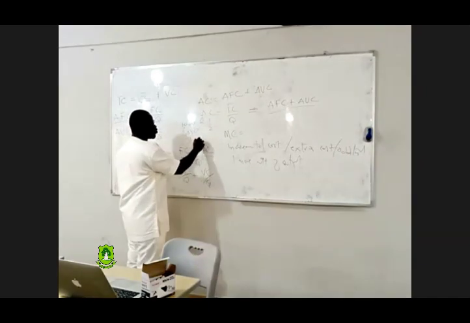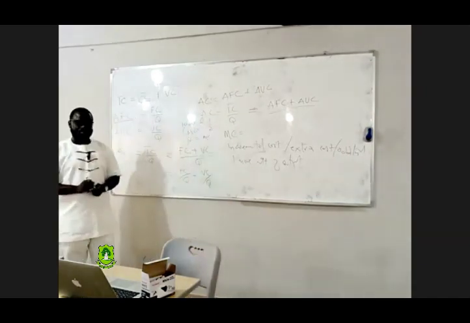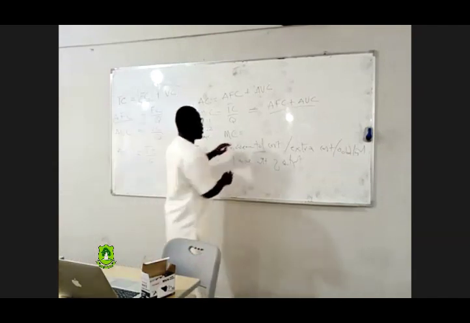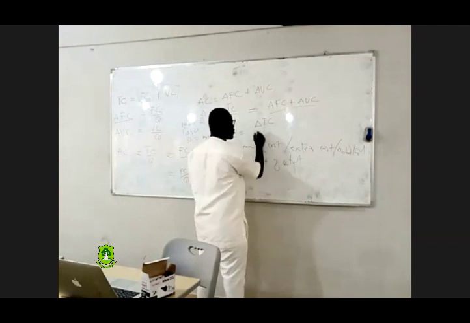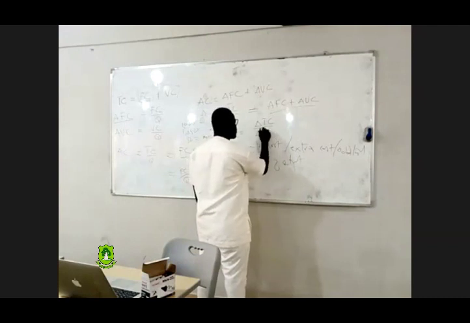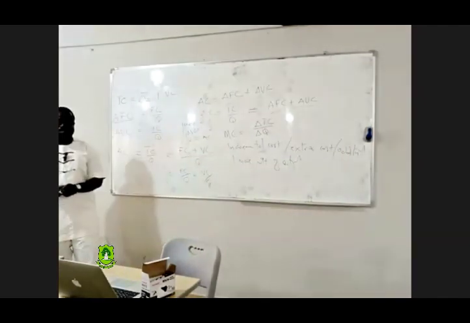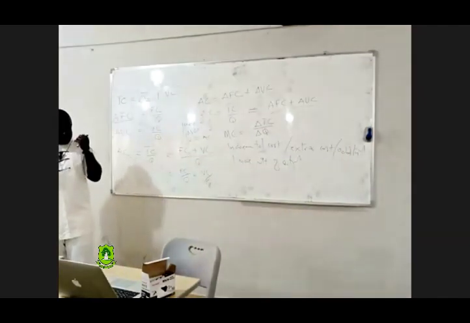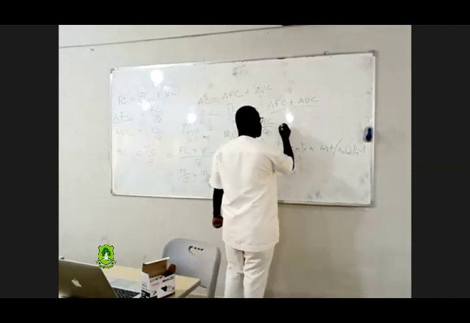So that extra cost, the 50 cedis, is referred to as the marginal cost. And that marginal cost is nothing but a change in total cost, all over change in quantity, or change in output.